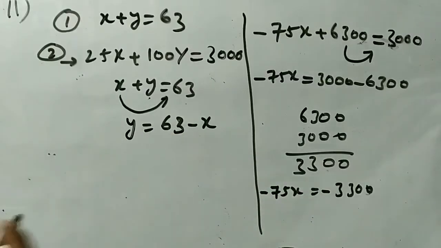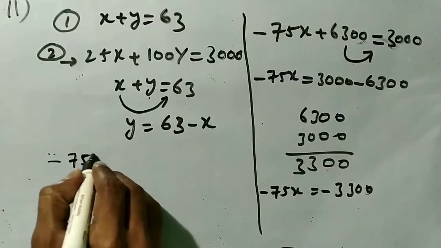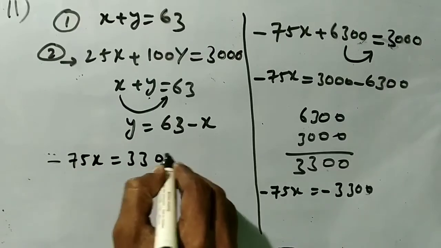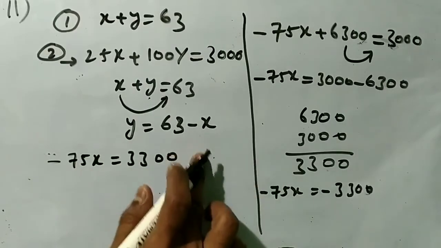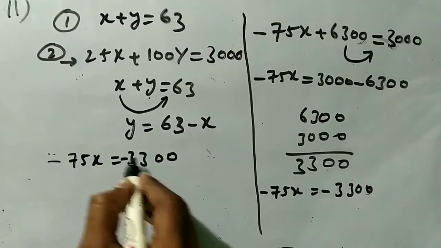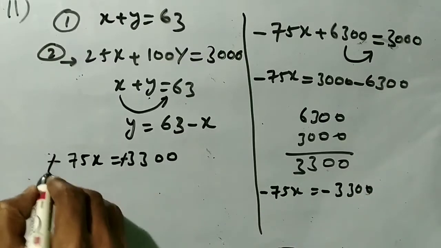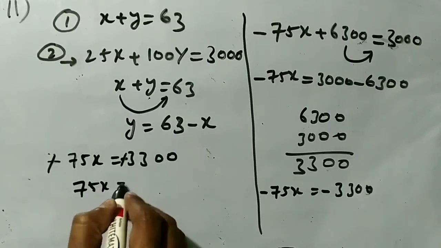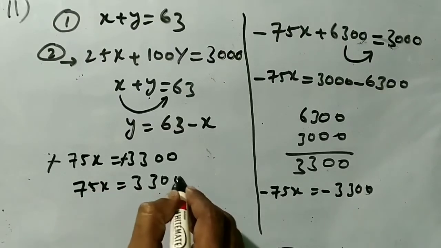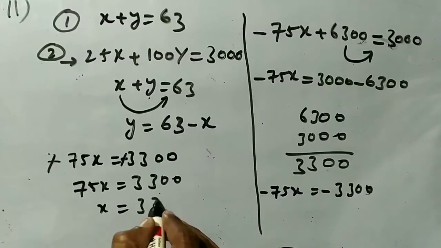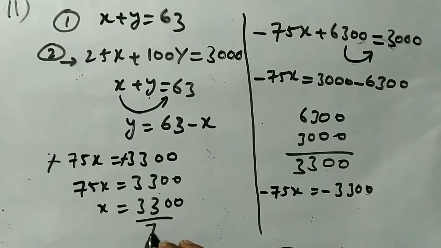So minus 75x is equal to minus 3300. The minus gets cancelled, that is 75x is equal to 3300, then x is equal to 3300 by 75.